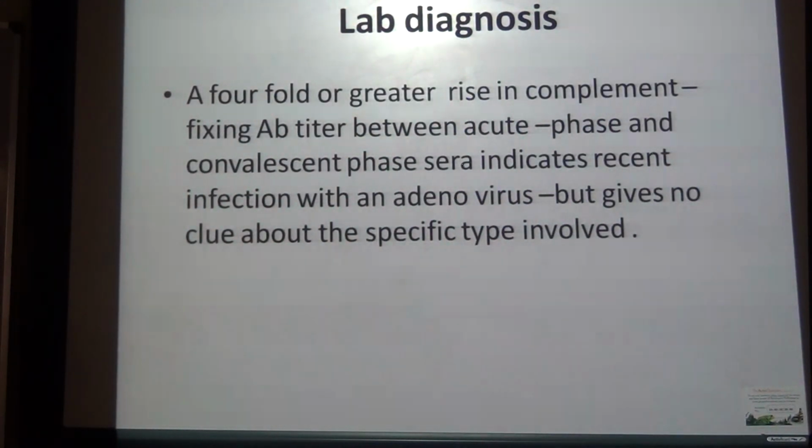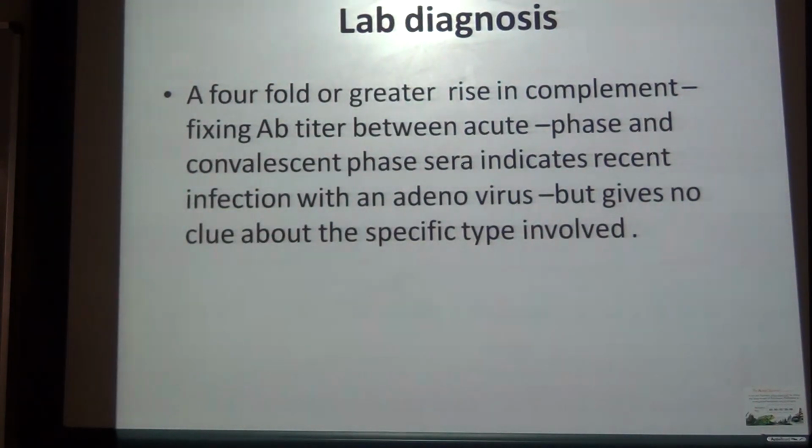Now in case of antibody tests, a 4-fold or greater rise in complement fixation antibody titer between acute phase and convalescent phase indicates recent infection. This is known as paired sera.